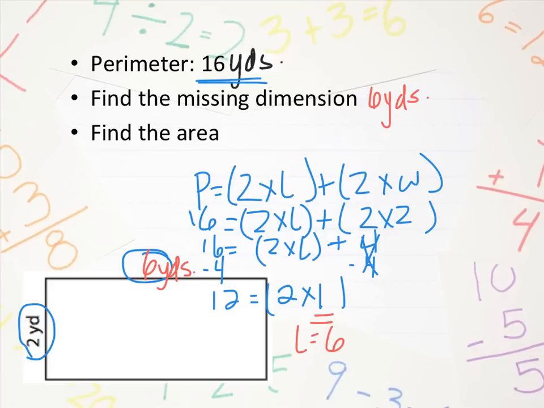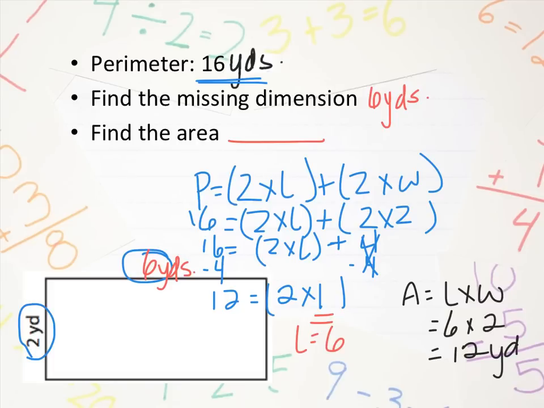Now, using that missing dimension, I can find the area. The formula for area is length times width. To find area, I'm going to multiply 6 times 2, which is 12, giving me an area of 12 square yards, or 12 yards square.